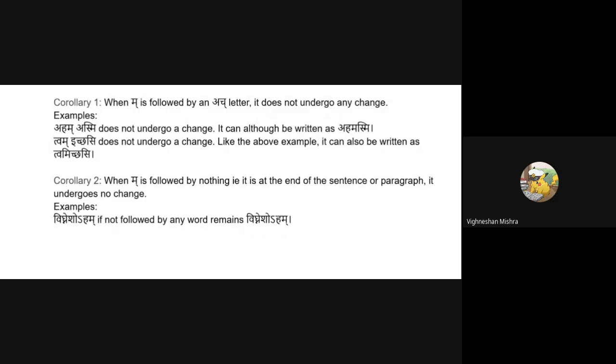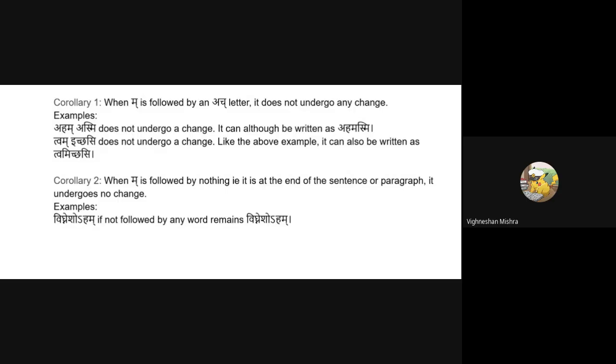Now we are saying what happens to this ma with a halanta. The word halanta comes from the word hull. Hull plus anta is halanta. So the literal meaning of the word is consonant ending. When it is followed by nothing, that is, it is at the end of the sentence or paragraph, it undergoes no change.